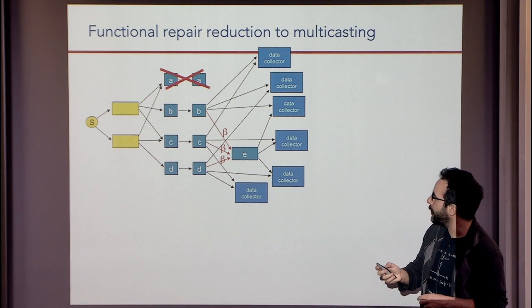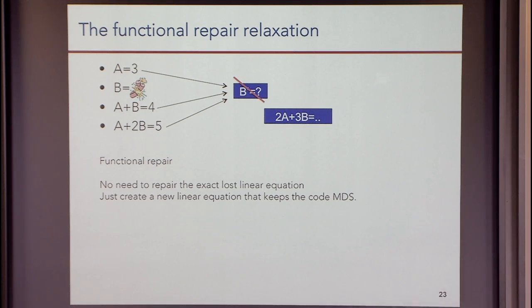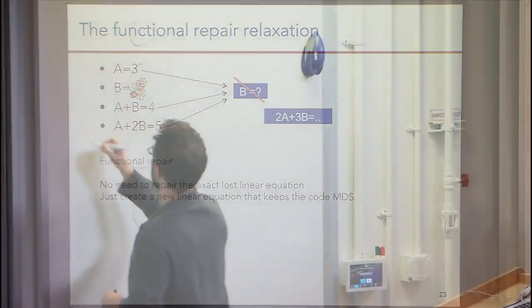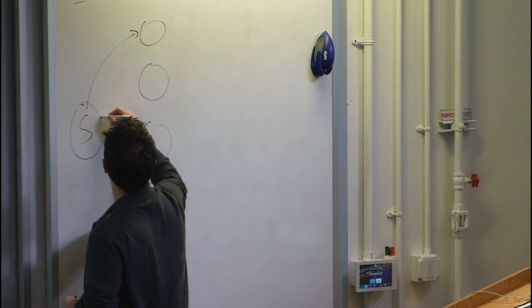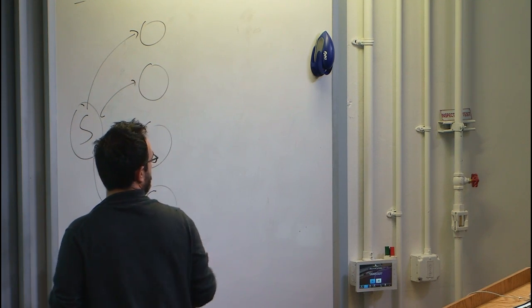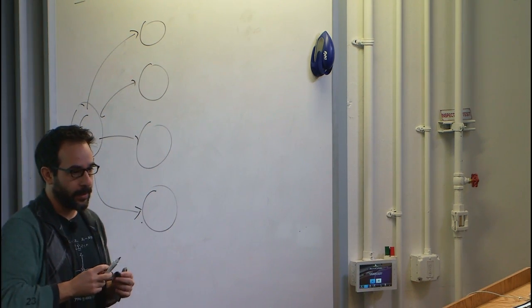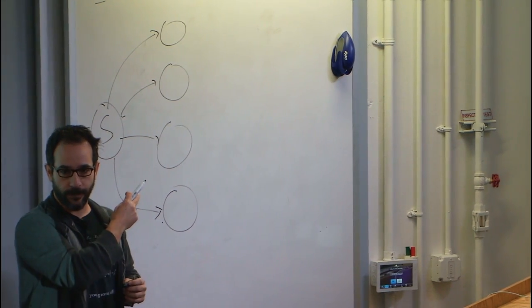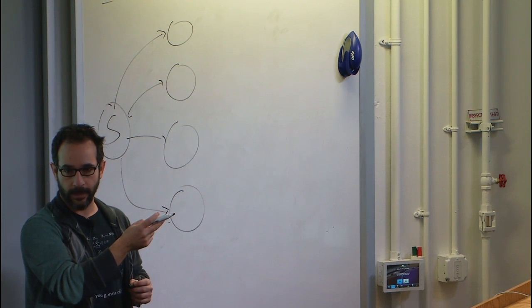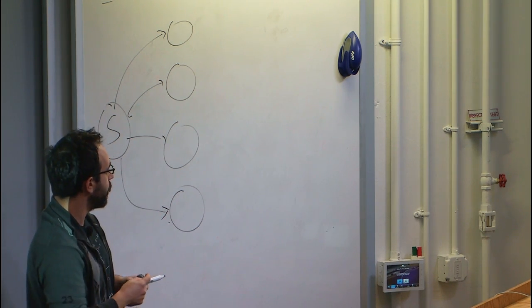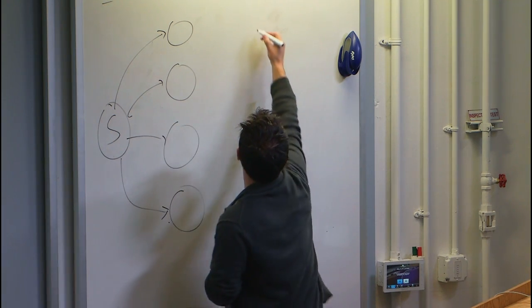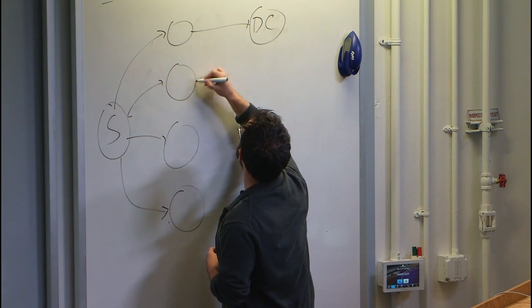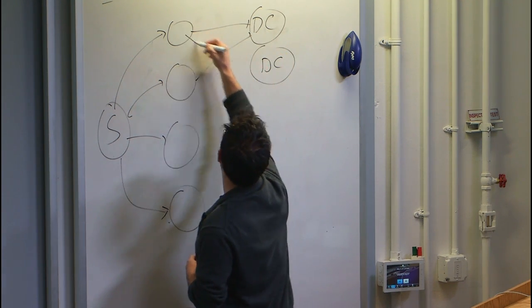So an MDS code, I'll just write something here. So a 4,2 MDS code is this: this is a source, and these are 4 symbols. The 4,2 MDS code means that any 2 out of these 4 symbols allow you to reconstruct your data, right? So we can view this as a multicasting problem where I put a data collector for these 2 and a data collector for these 2.